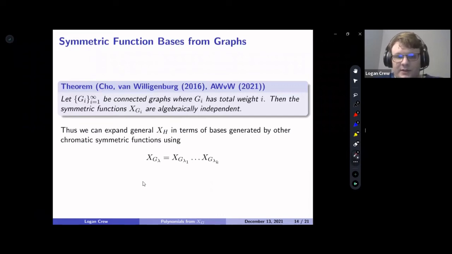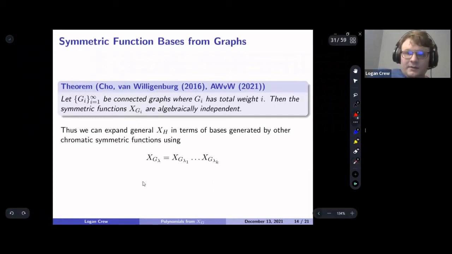We're going to be using a theorem by Cho and van Willigenburg, as well as, I will briefly expand this because I'm going to be using this name a few times, but it was too long to fit in the slides.